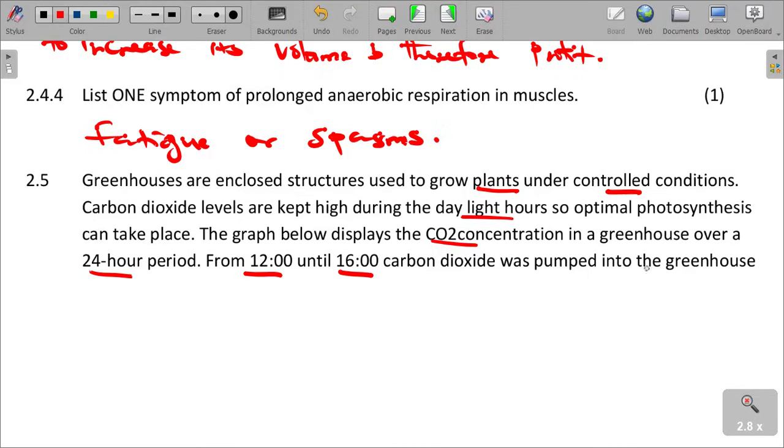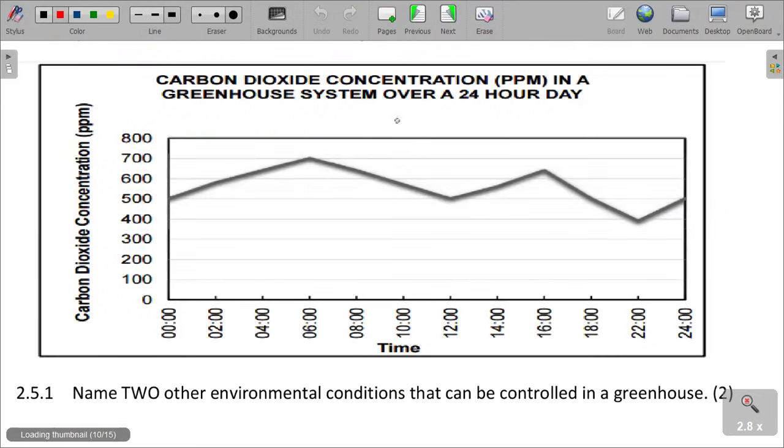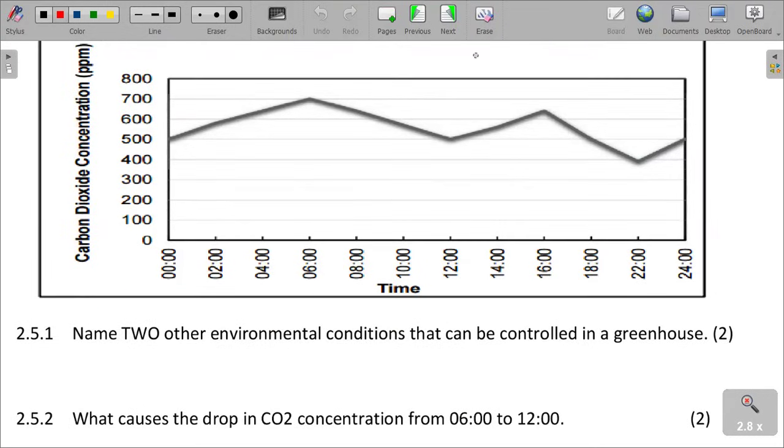Carbon dioxide was pumped into the greenhouse. Time is shown from 0 up to 24.